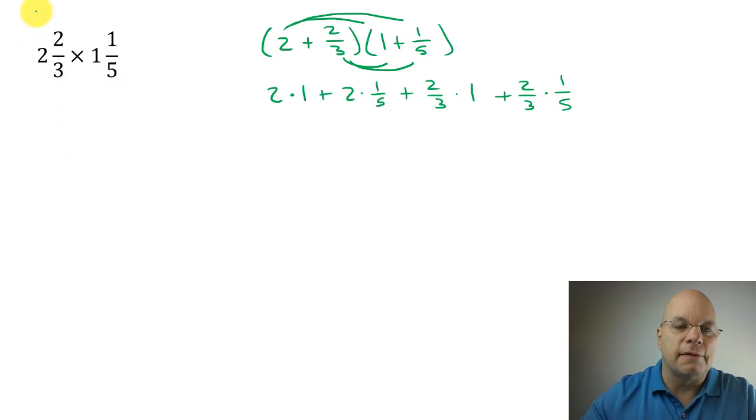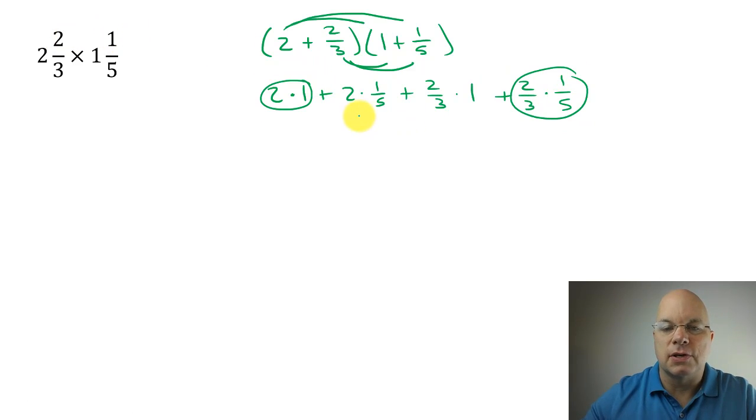A mistake students will often make is multiply 2 by 1 and multiply 2/3 by 1/5, but that's only taking these into account. That's not including these terms in your product, and so that's incorrect.